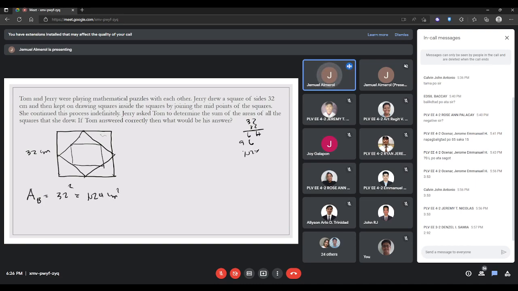Now, if we try yung other, alam natin na mahahati ito into equal parts. Magiging 16 here, 16 here. Tama? So, this is an isosceles right triangle, right?